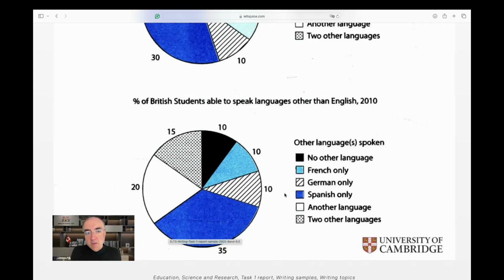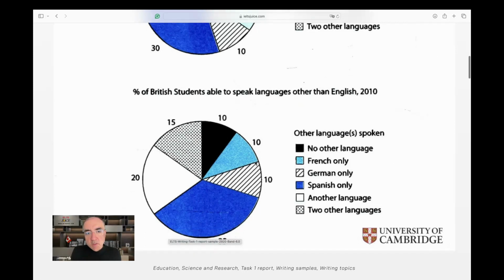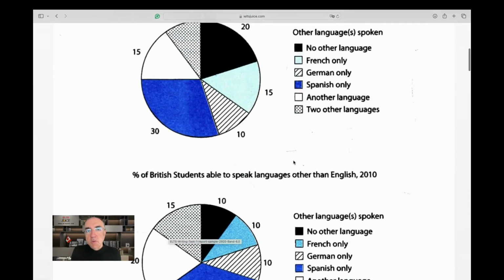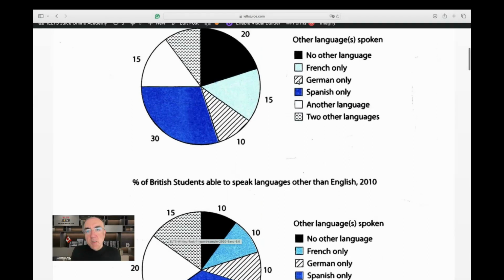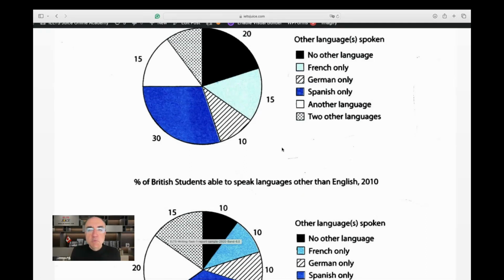And another trend, the lowest here is quite crowded. I see 3 categories: French, no other languages, and this one is German only. Another significant point might be that the number of students who were able to speak German remained constant, no change.